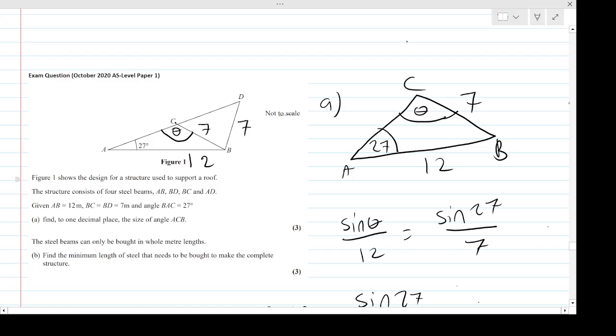So remember, an acute angle is less than 90. So if this is 90, which is a right angle, then an acute angle is less than 90. So it's going to be, say, like there, right? So that's an acute angle, which is less than 90.